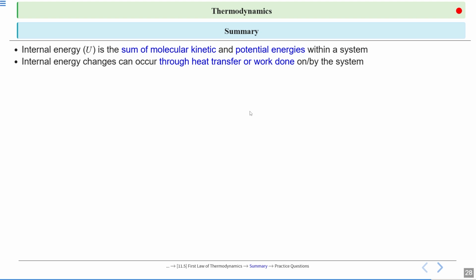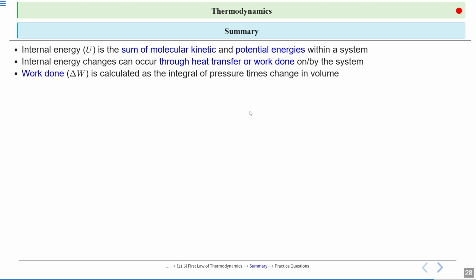We can say it is the sum of the energy due to molecular configuration and the energy due to molecular movement. The energy due to the molecular motion is kinetic energy. The energy due to the molecular configuration is potential energy. So the sum of kinetic energy and potential energy is equal to internal energy.